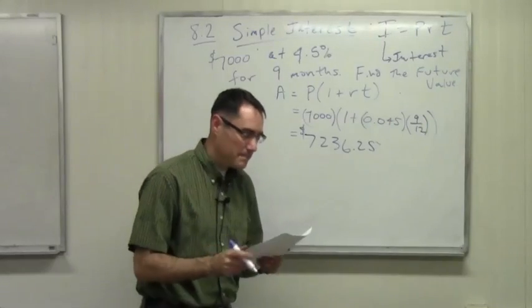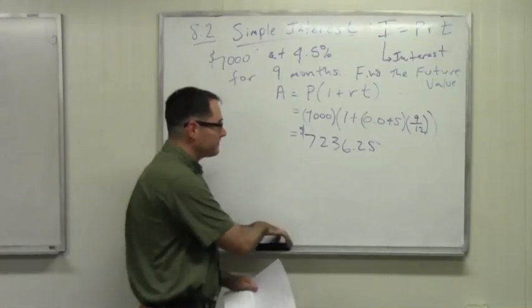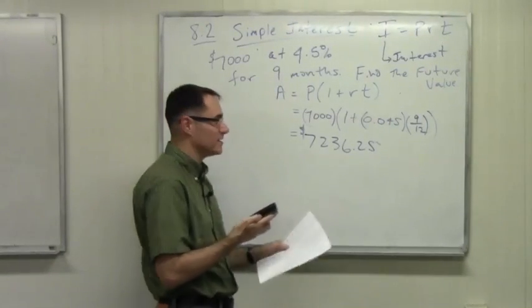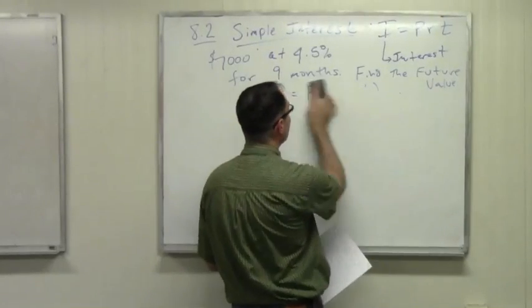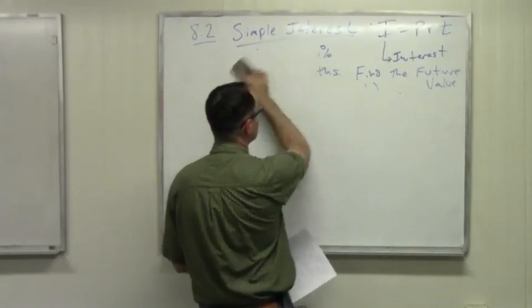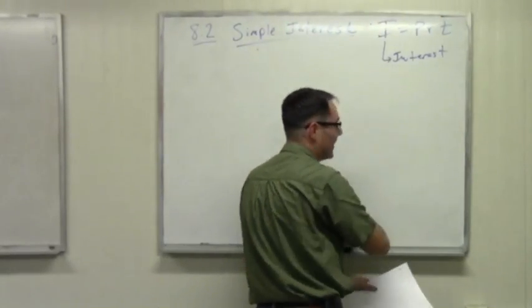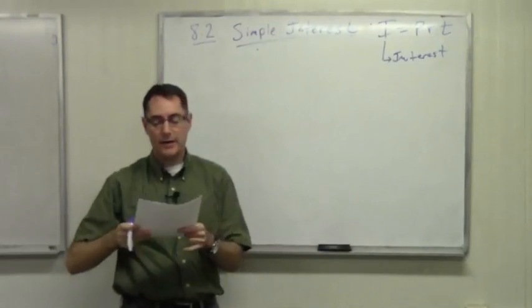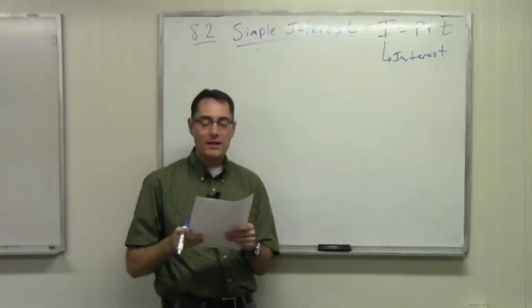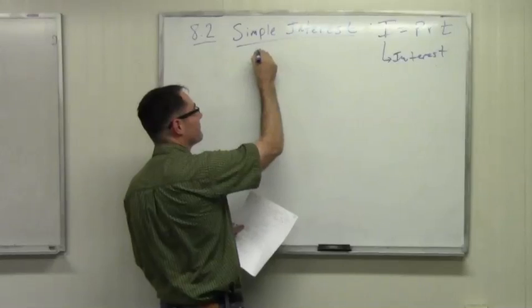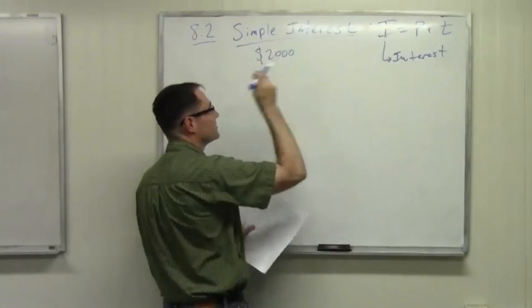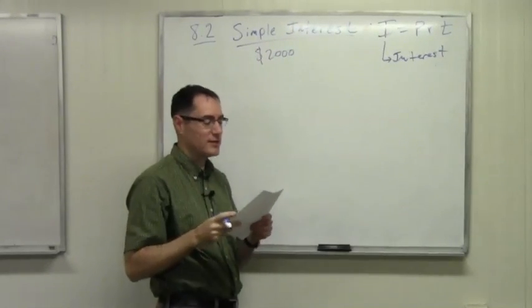OK, all right. Question. Some of you guys might have friends like this. Let's say you have a friend who's not here. Let's say your friend Amy says, I'll lend you $2,000. Amy, if you're watching this, you're lending people $2,000.